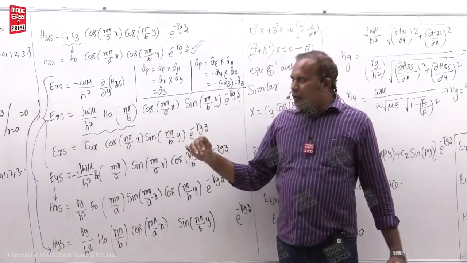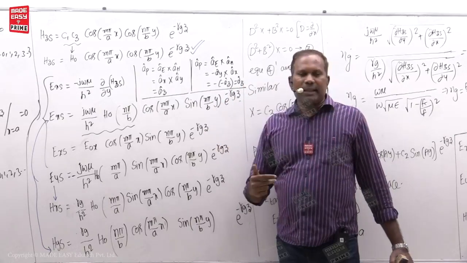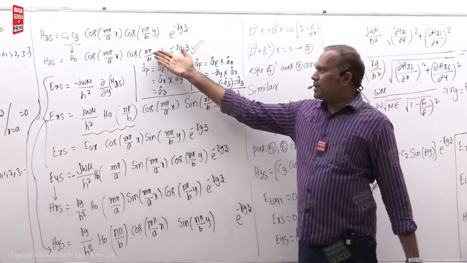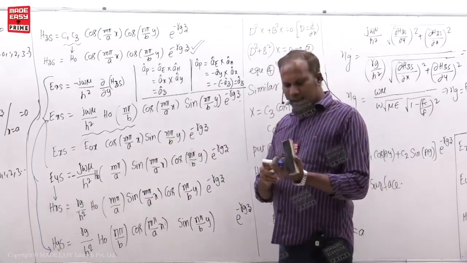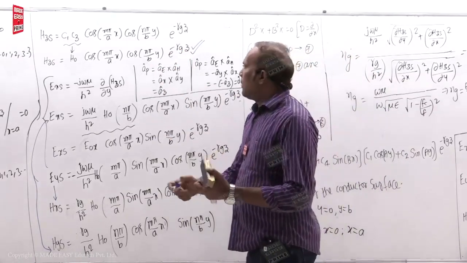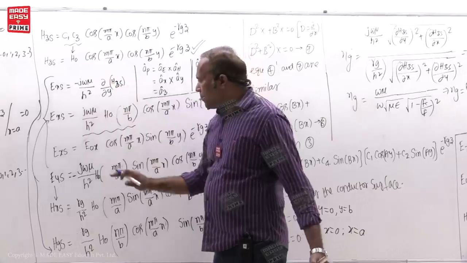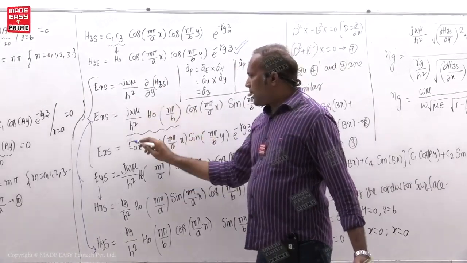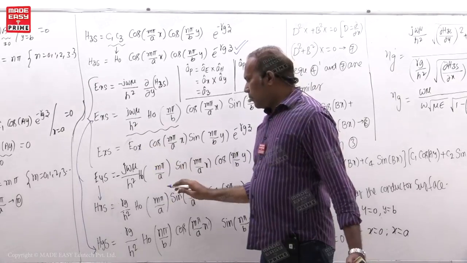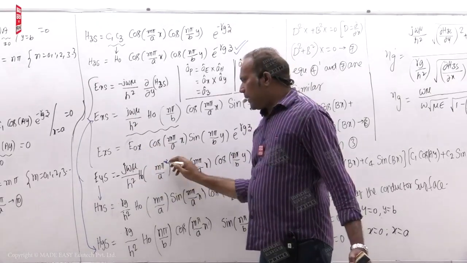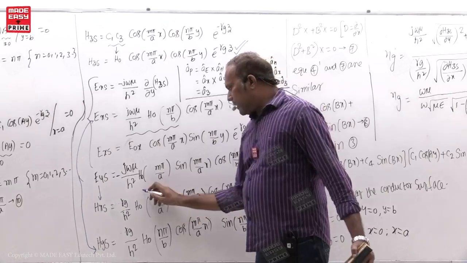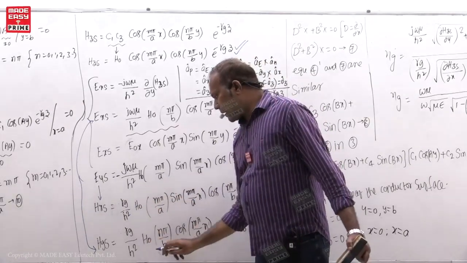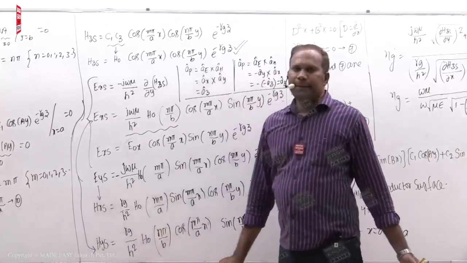Now, after this, we are going to start the discussion by putting TE mode. There, we will write these equations by taking this as H naught, this as E0x, this as E0y, this as H0x, and this as H0y, students.